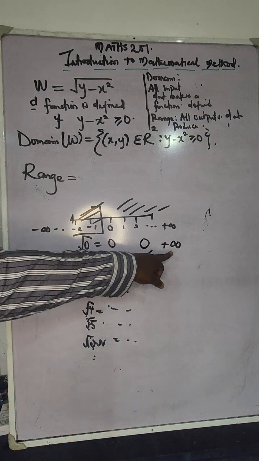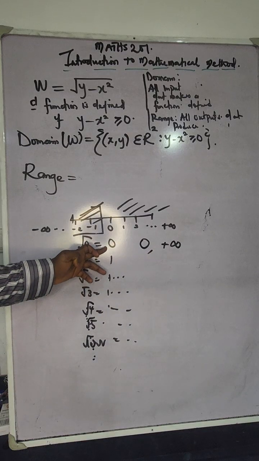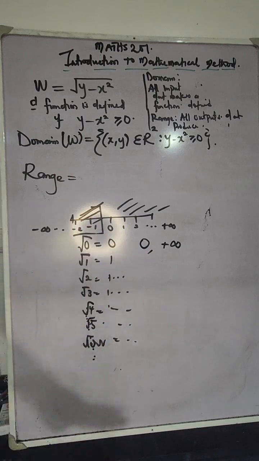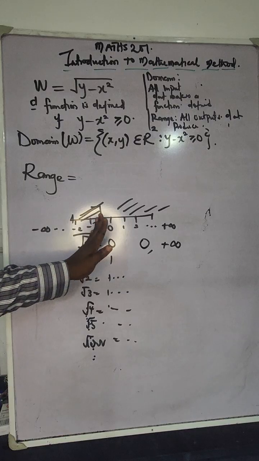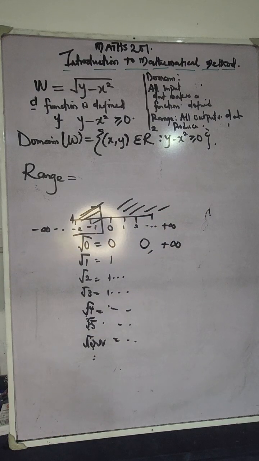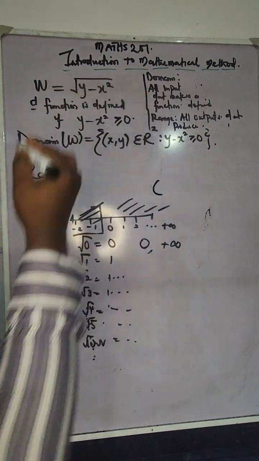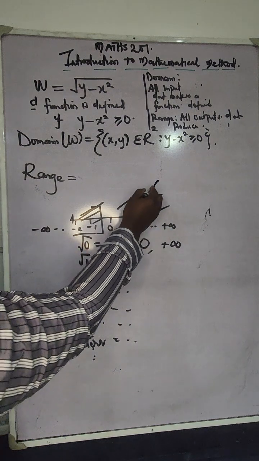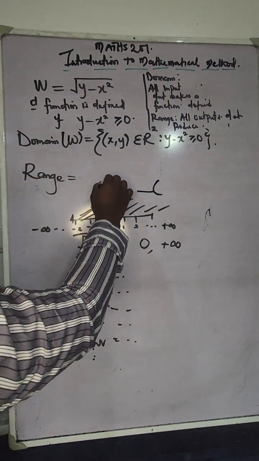It means that we are valid when we start from 0, positive numbers only. So from 0 to positive infinity. And how do we report this on the domain? When we have this kind of bracket, you can use it for infinities.